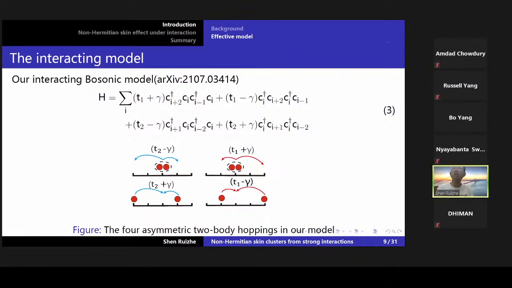No, actually it's not a new type of skin effect. We also measure it in terms of localization, and we found it's not the localization of a single particle. It's the localization of a group of particles.